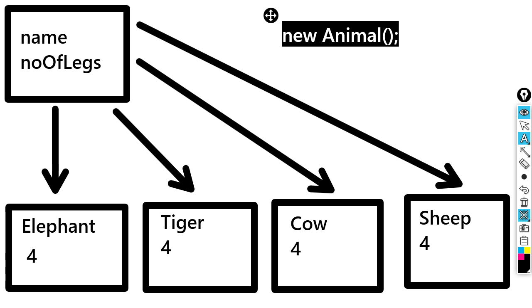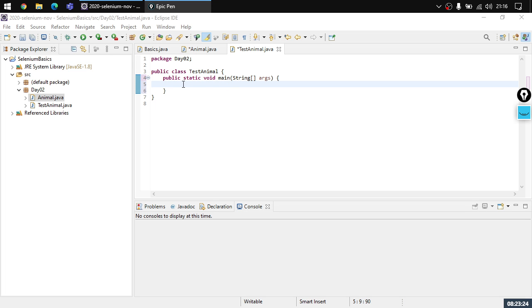So here, if I write something like this, say new animal, you can see that the object will be created for me. But the question is, how would I be able to access the variables that I have inside the animal class? The challenge is to deal with these things.